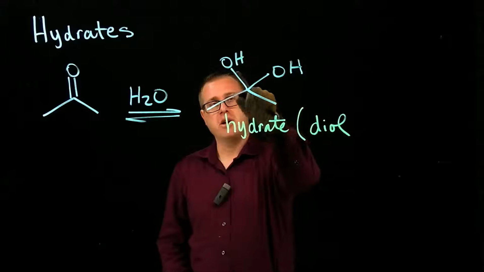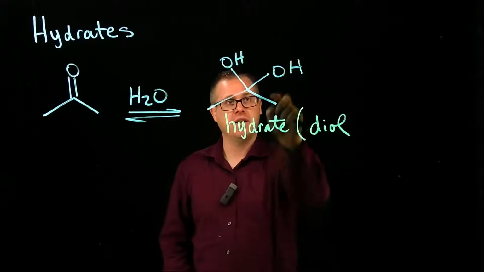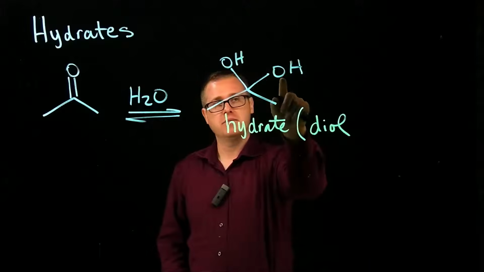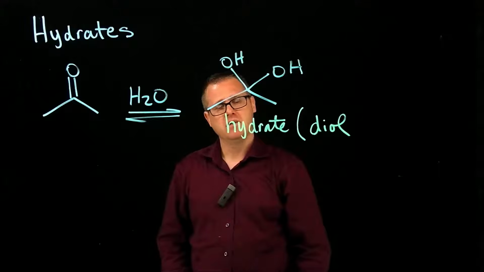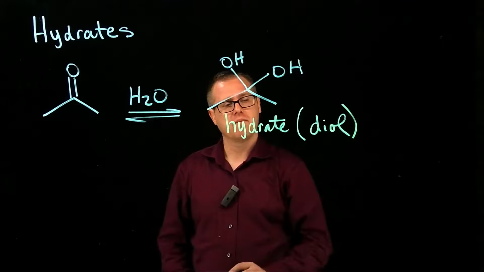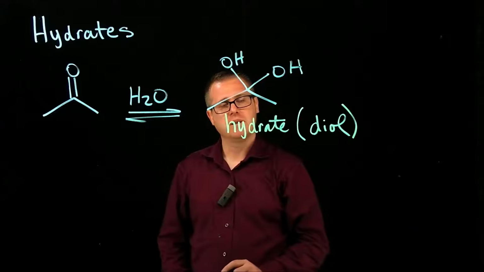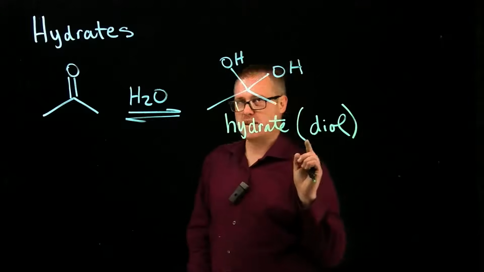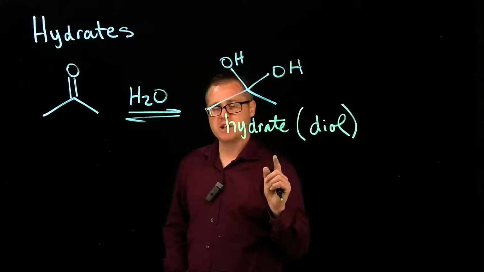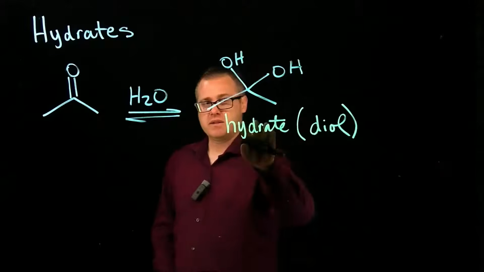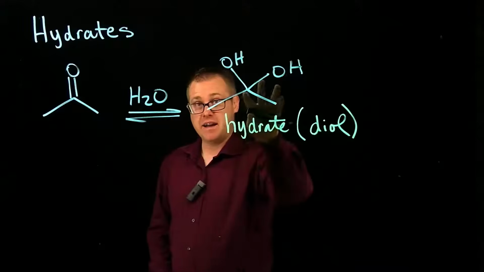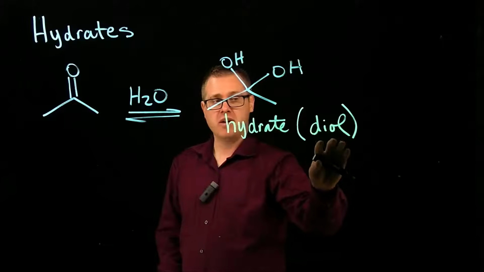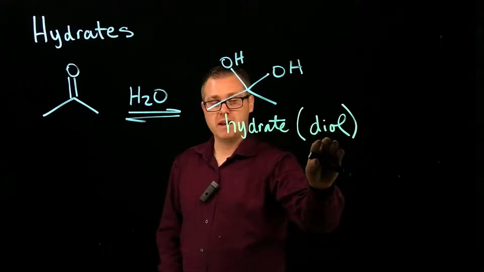So when we have two alcohols, like in this conformation right here, well, let me take that back. For right now, I'm going to call that a diol. I'm thinking of something that's tripping me up, but I'm going to have to double check on that. But it's guaranteed fact, this is a hydrate. I'm thinking it's a diol, but I'll get back to you on that, okay?